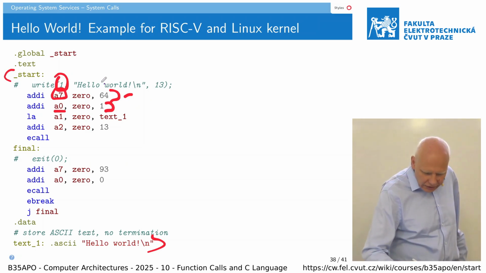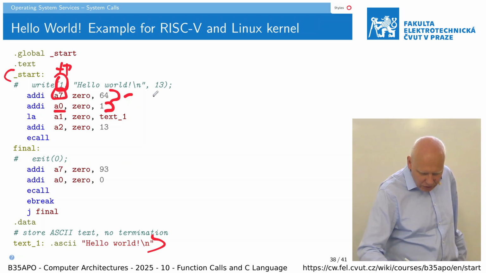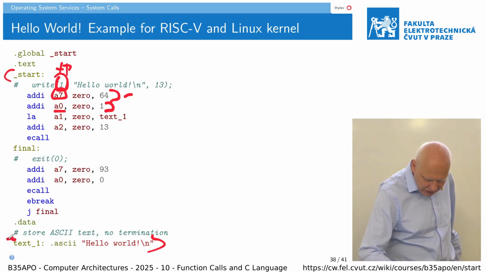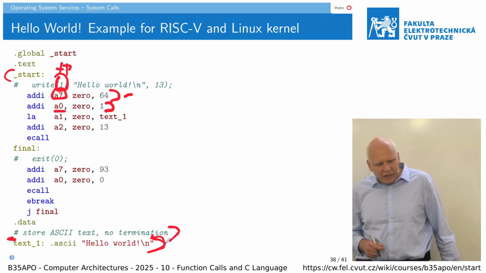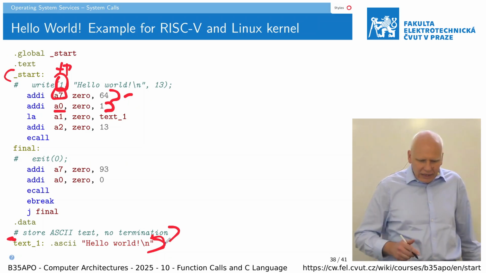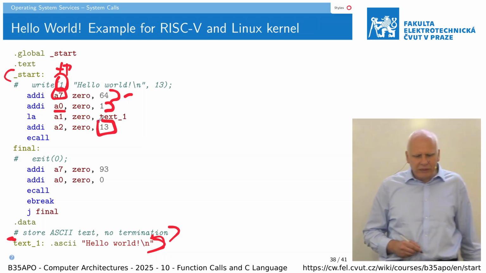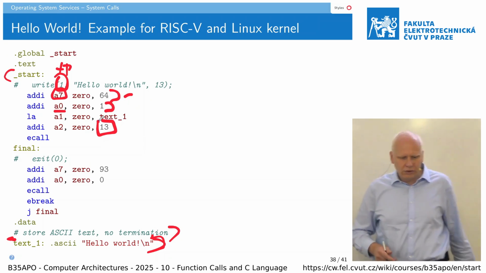Then the next one. Then there is a pointer to the buffer, which is in this case a pointer to this text here, which should be written. It is not necessary to store there the terminal 0 character, because in the case of the write system call and function, you need to exactly specify the number of bytes which should be written to the terminal.